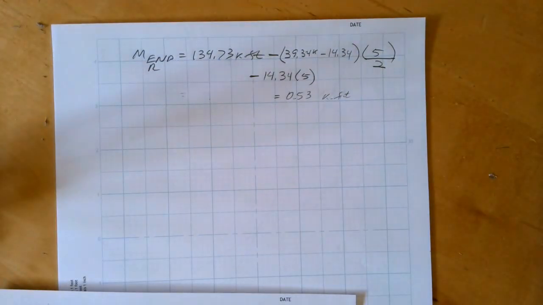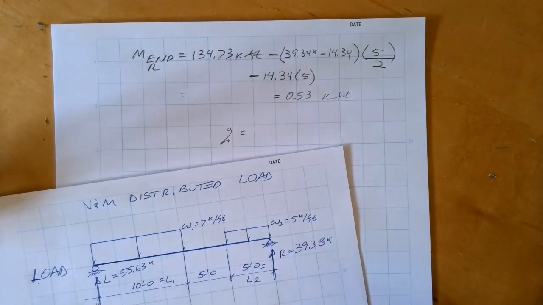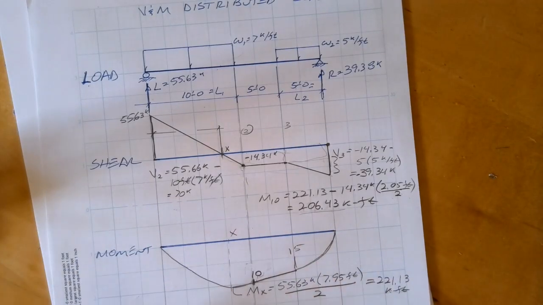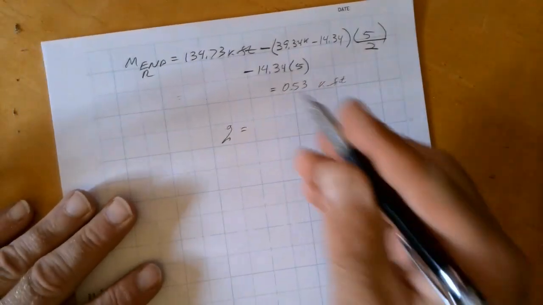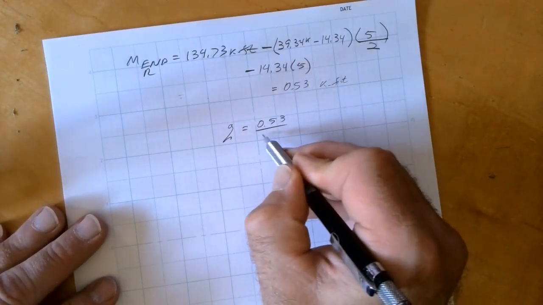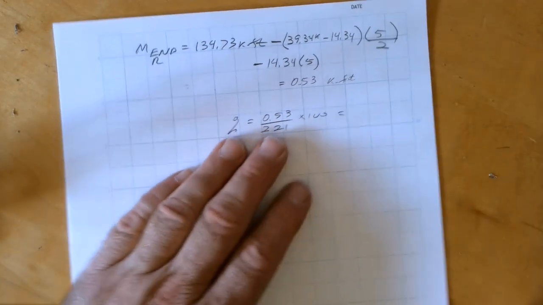I really would encourage you not to get too wrapped up in that. One way to know if it matters is to calculate the percent of error. So if I take the percent of error compared to the max moment, I have 0.53 over 221 times 100.